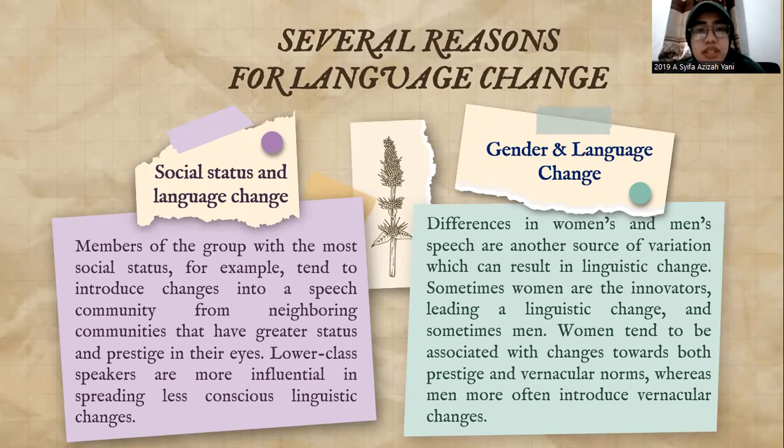Members of the group with the most social status, for example, tend to introduce changes into a speech community from neighboring communities that have greater advantage in their eyes, while lower class speakers are more influential in spreading less conscious linguistic change.